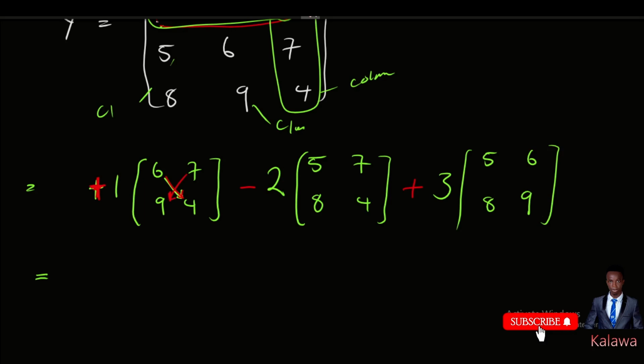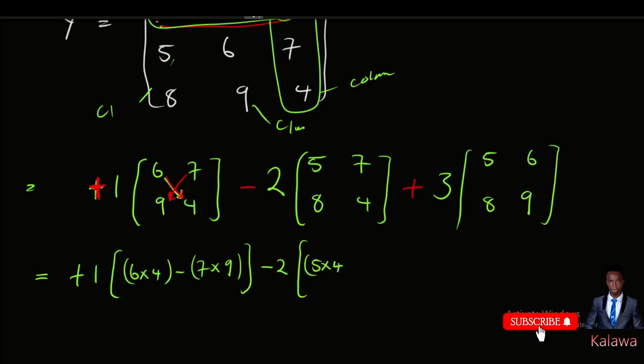So are we getting it? We go again, be careful of the sign. So this is going to be now plus 1 into, so we say 6 times 4 minus 7 times 9. Once it is closed, we go again, minus 2 into 5 times 4 minus 8 times 7.